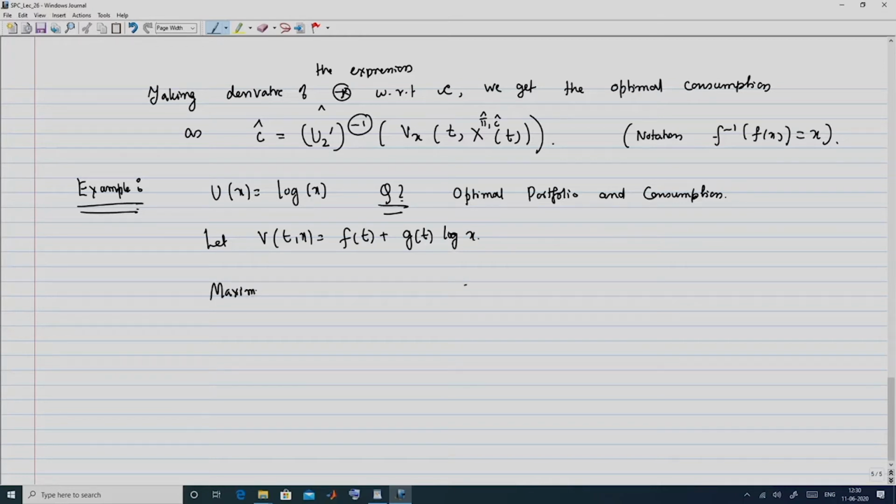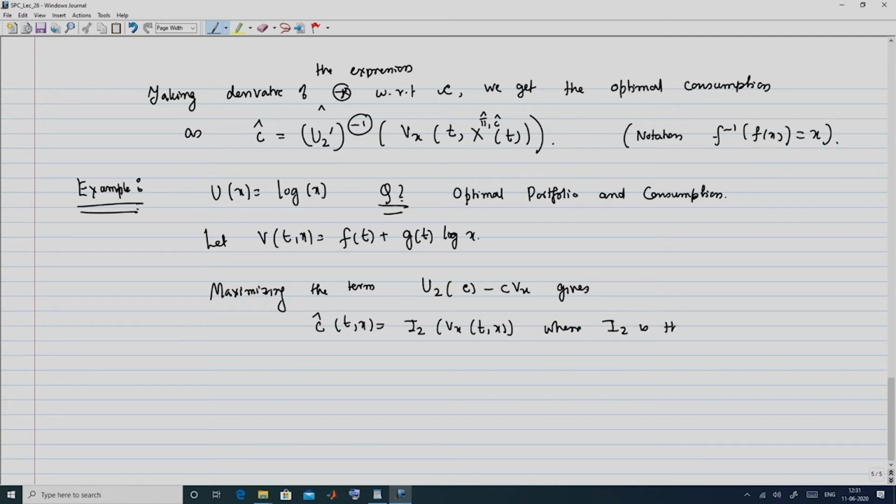Maximizing the term u2 of c minus c V_x gives that c hat of (t, x) is equal to I2 of V_x(t, x), where I2 is the inverse function of u2 prime.